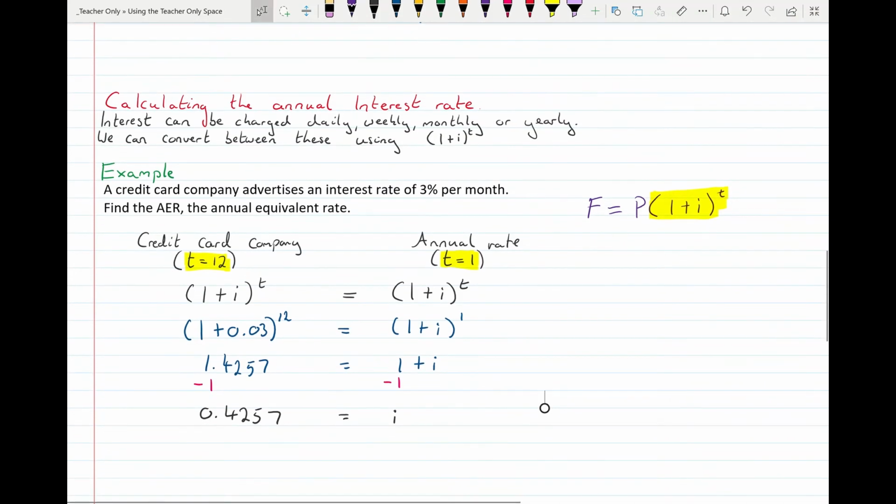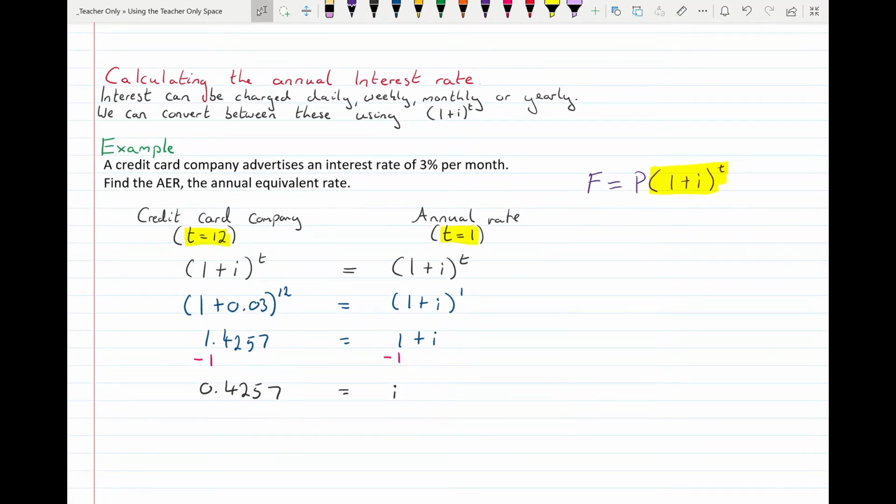But that's given as a decimal, so it's not 0.4257%, it's 42.57% per year.